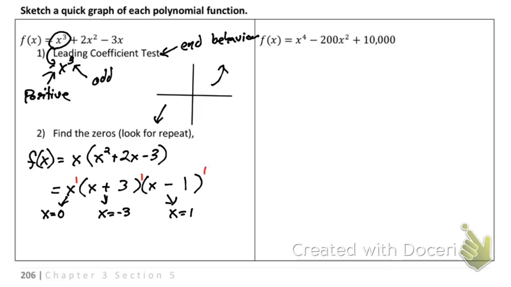So they all have multiplicity of 1. So they're all odd. So they all cross.